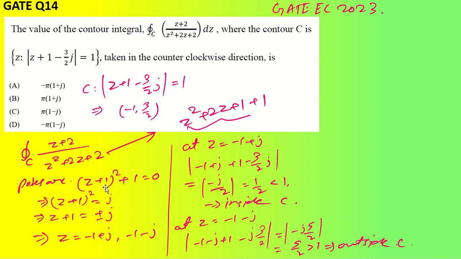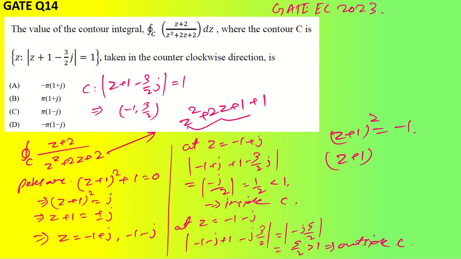All right. So if we do this, (z plus 1) whole square is equal to minus 1.